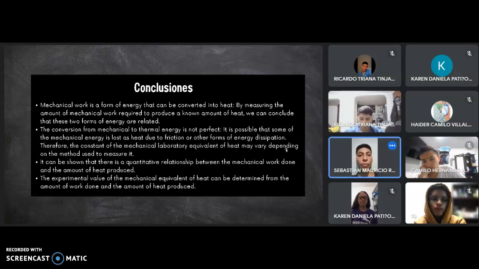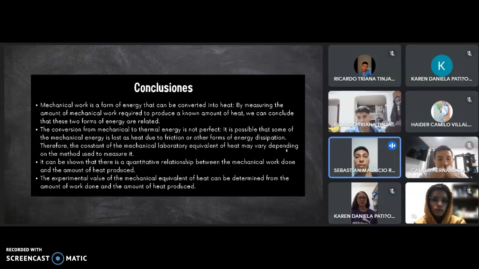Number 5, the conversion from mechanical to thermal energy is not perfect. It is possible that some mechanical energy is lost as heat due to friction and energy dissipation.